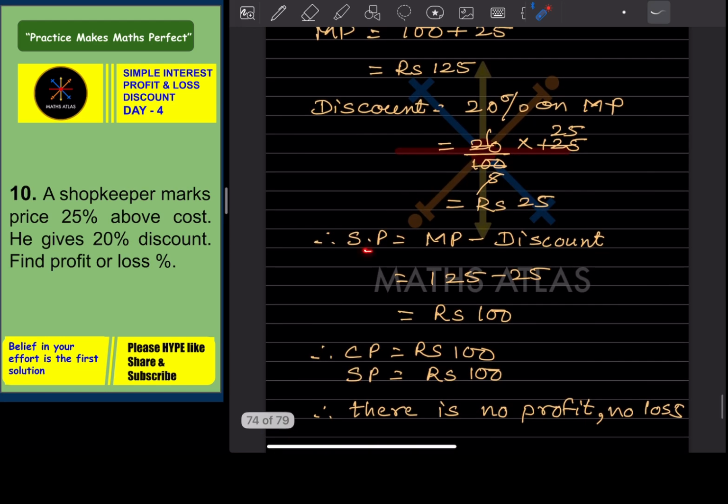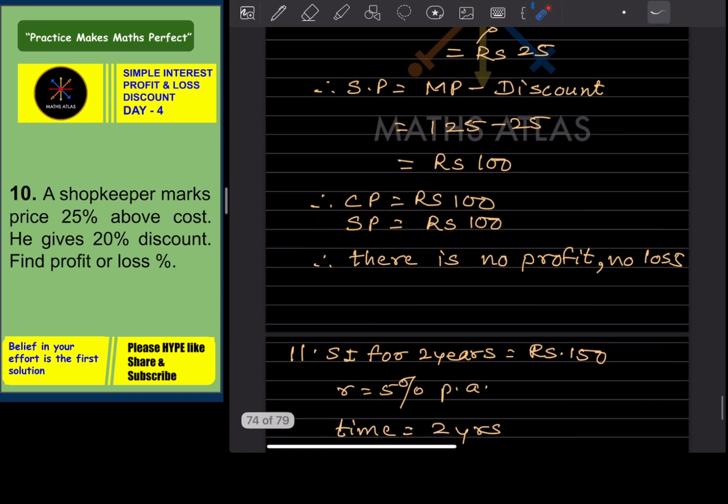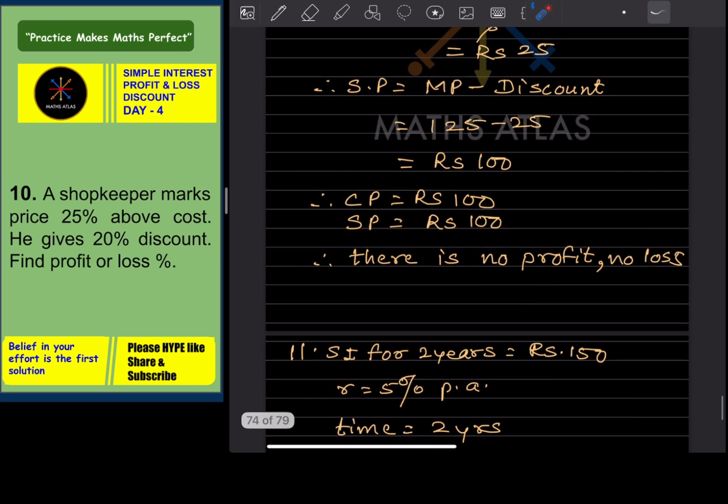Selling price is the mark price minus discount. The mark price here is 125 and the discount we got as 25. So the selling price is going to be rupees 100. The cost price we considered as 100 and the selling price is also 100. So we can say there is no profit and no loss.